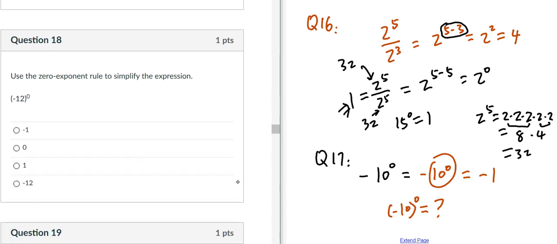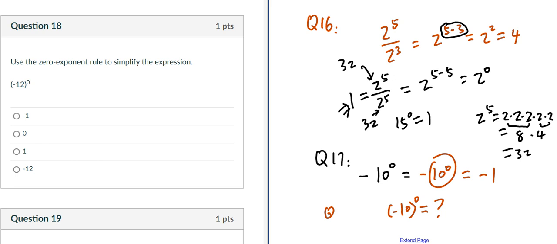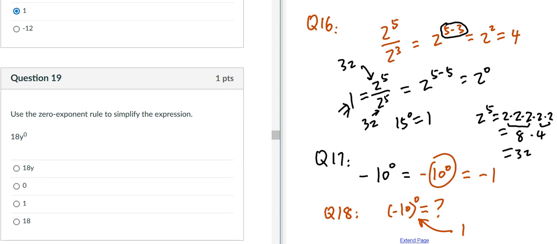All right. Now here it comes to 18, which is a negative number in parentheses to the 0. And this will give you, as I mentioned before, 1. So, this answer. Okay.